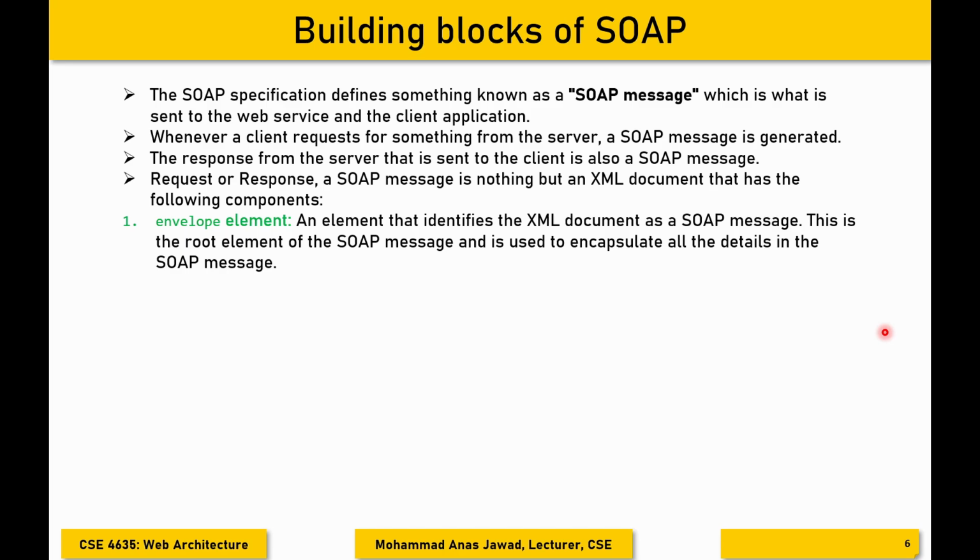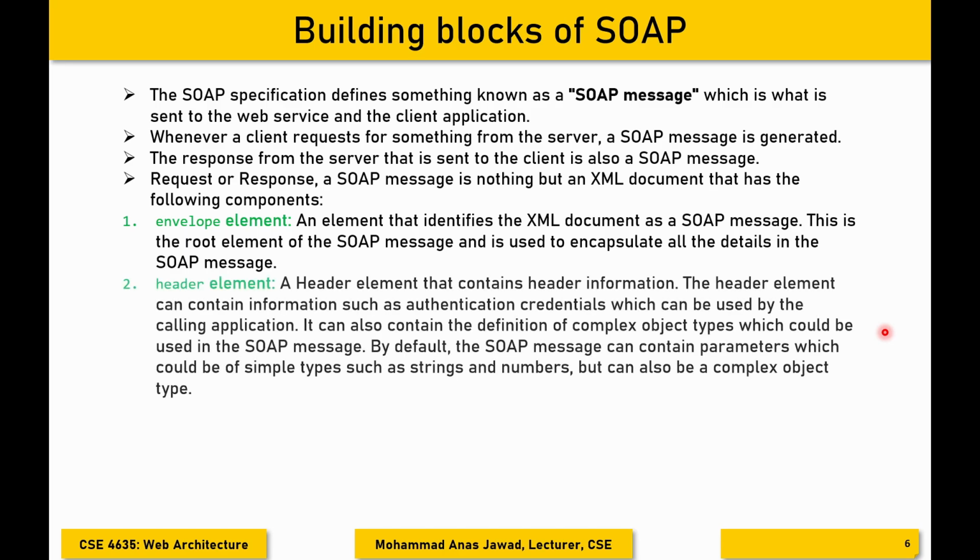All the other elements present inside your SOAP message will be encapsulated by this envelope element, okay? Also remember that this envelope element will contain some attributes that define what kind of document this is, that is, that this is a SOAP message, and some other specifications related to the SOAP message.